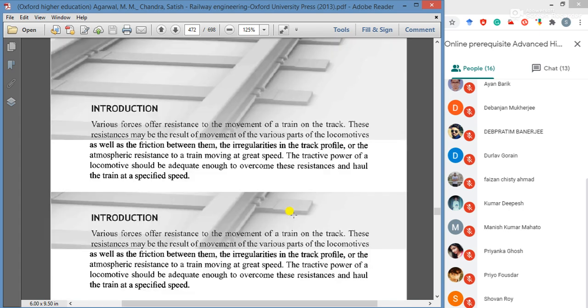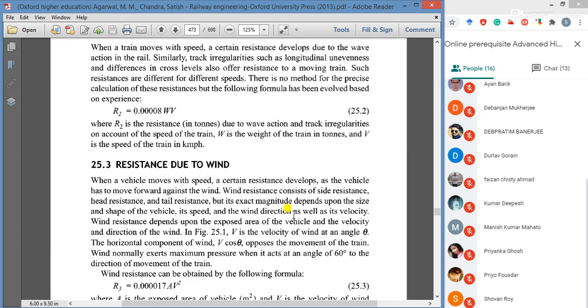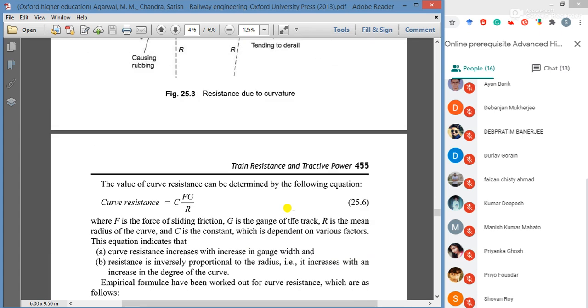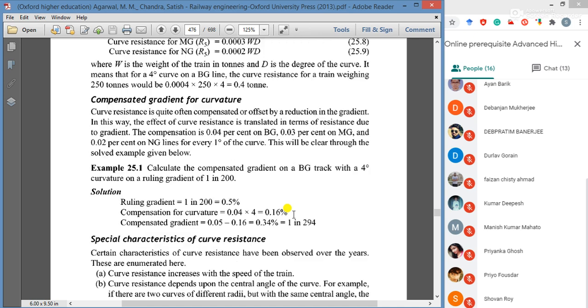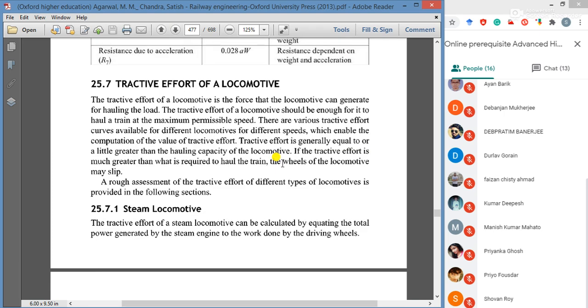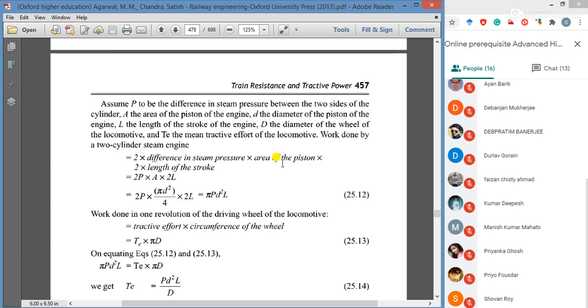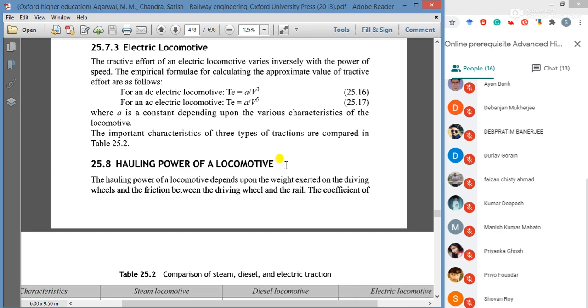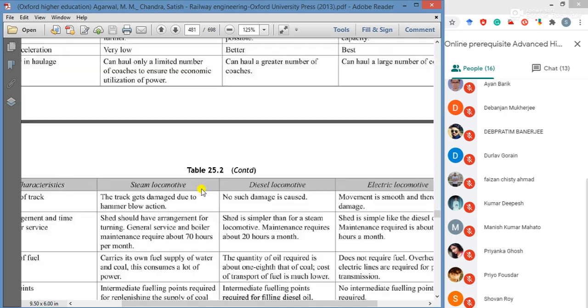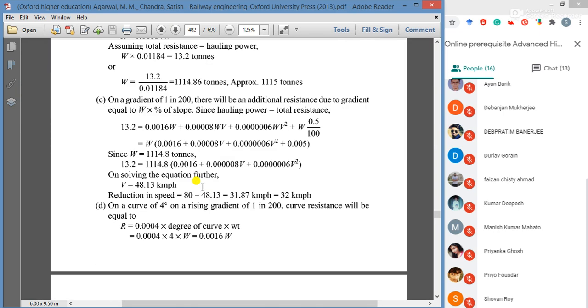Everything is mentioned in this chapter, very simply, so you can follow this chapter for track resistance or hauling resistance. This is not mentioned in your conventional syllabus, but it is important in your semester exam also. This type of question or numerical may be asked.